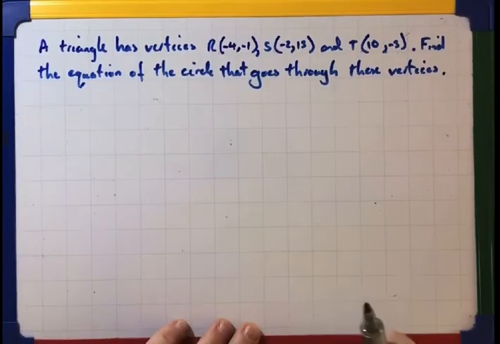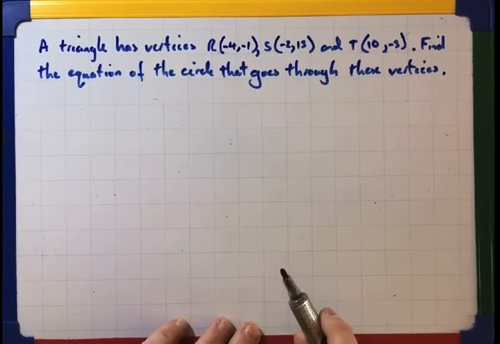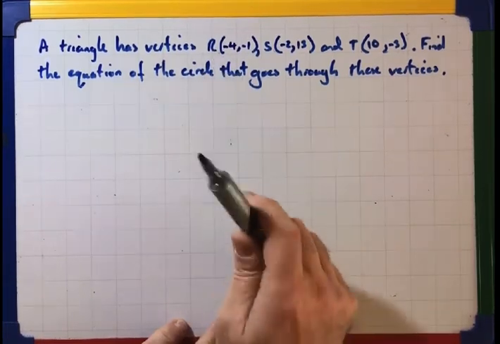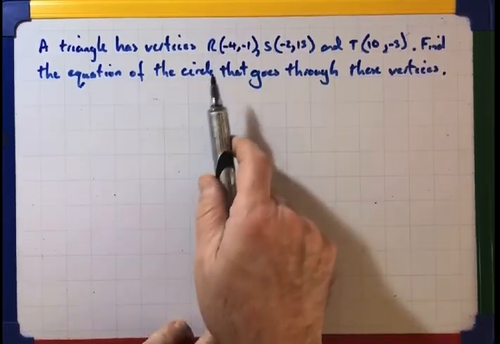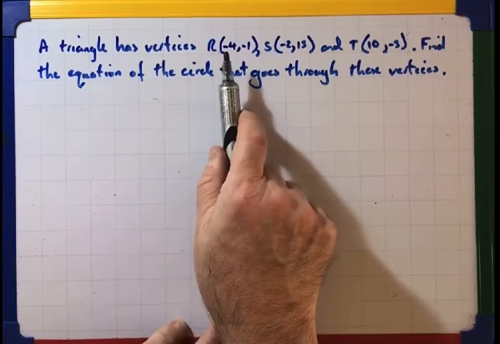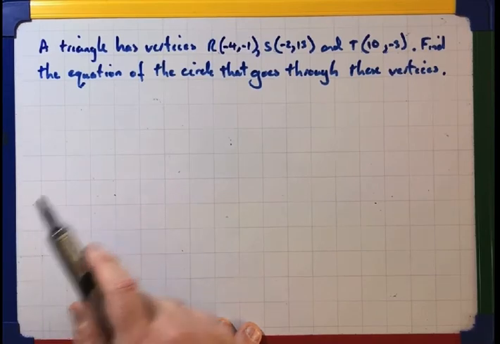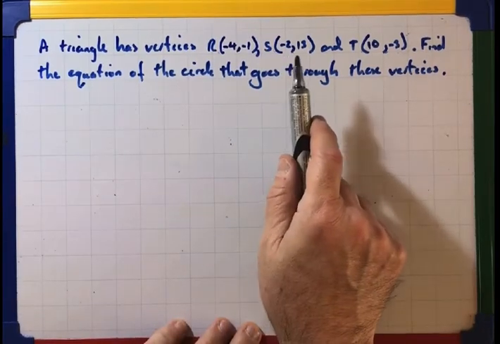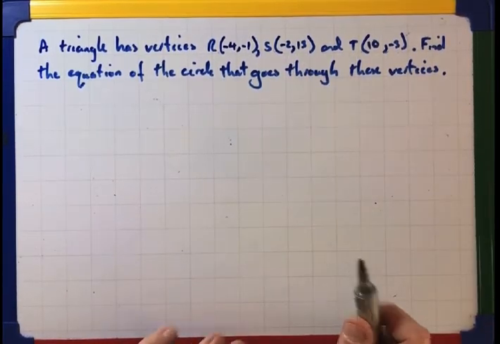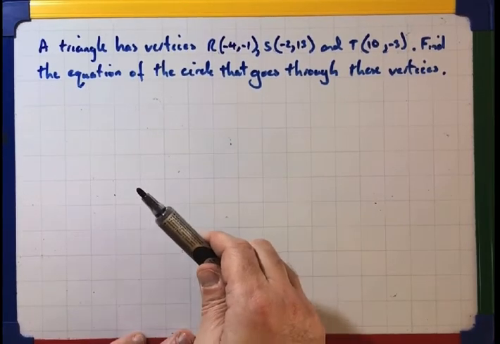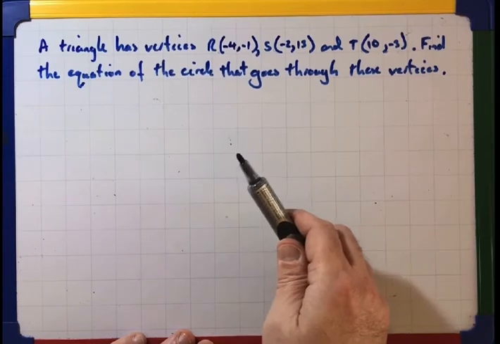Okay, our second example, but the method's exactly the same. We've got to work out the perpendicular bisector of 2 of the sides. So I'm going to do our perpendicular bisector of RS, then the perpendicular bisector of ST. Okay, so remember it's midpoint, work out the gradient, then use M1, M2 to find the perpendicular.